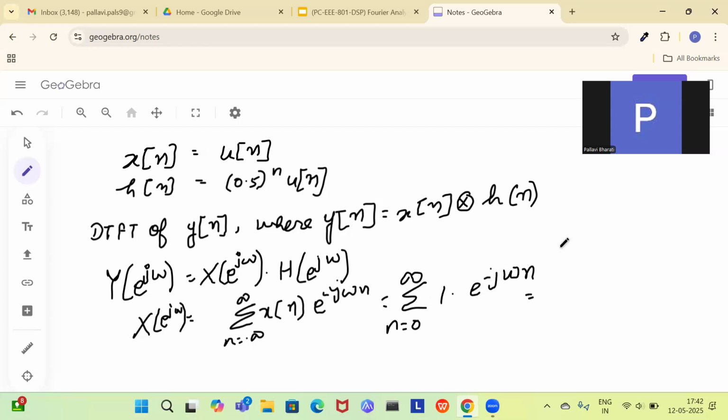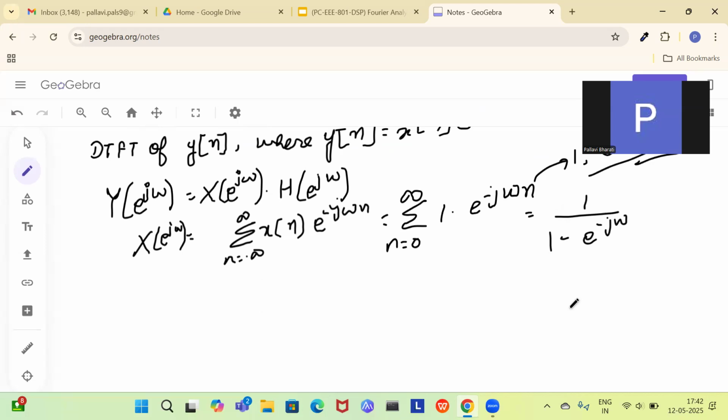The first value is 1 when you put n equals 0. Second will be e to the power minus j omega. Third will be e to the power of minus 2 j omega. So this is an infinite geometric series with the first term as 1 and the common ratio as e to the power of minus j omega. So this is X of e to the power of j omega.